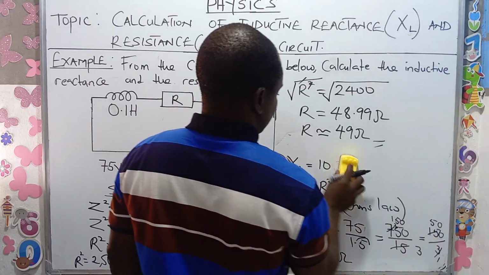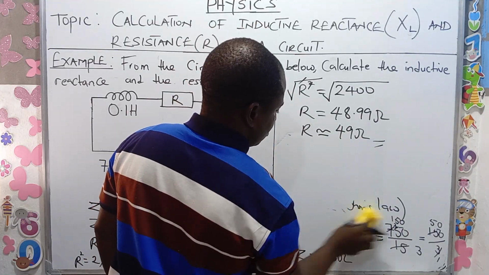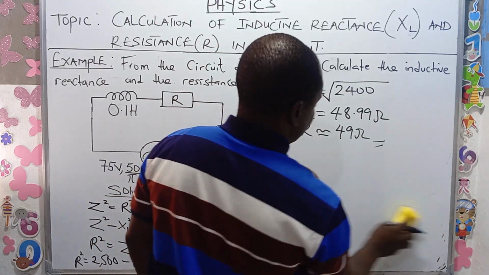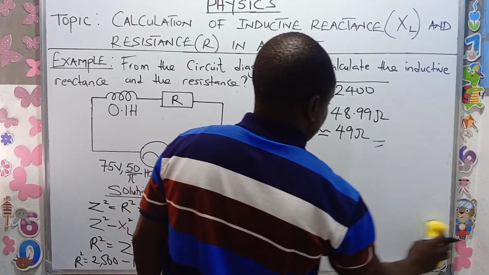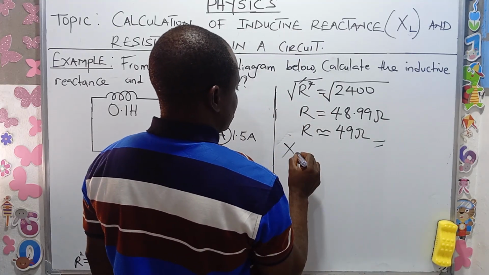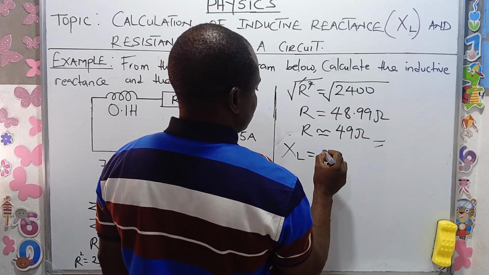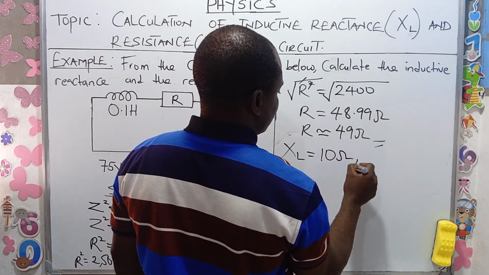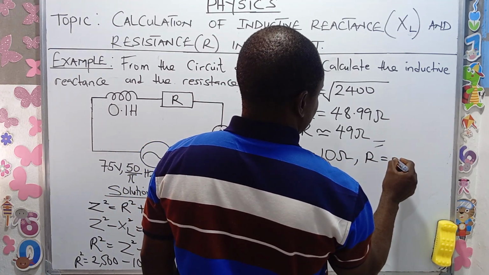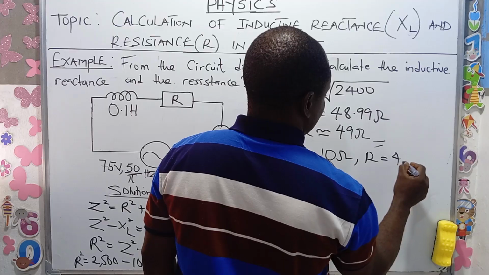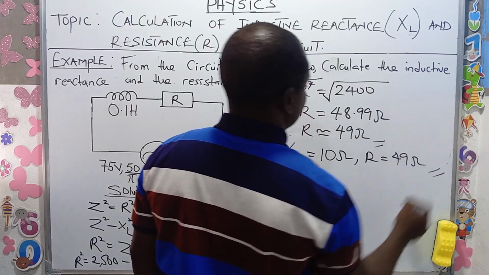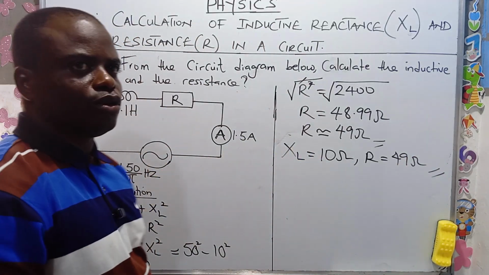Therefore, our inductive reactance, XL, equals 10 ohms from the calculation. Our resistance is approximately equal to 49 ohms, which is what we had to look for.